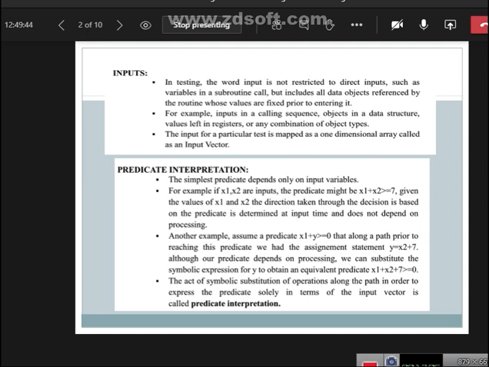From the obtained expression, we get the equivalent predicate x1 plus x2 plus 7 greater than or equal to 0. We can say that is a symbolic predicate. We can express that predicate solely in terms of the input.